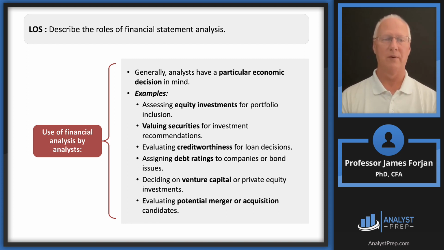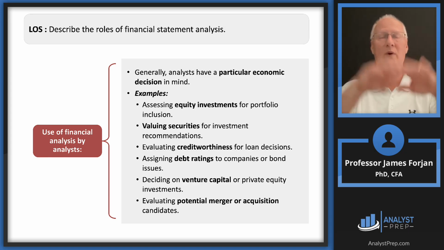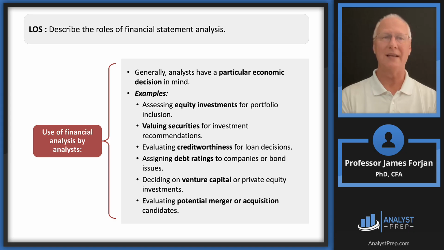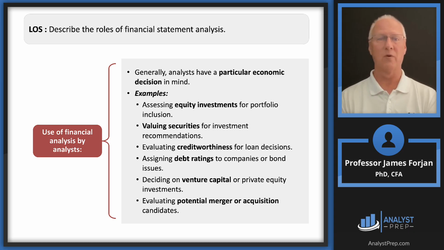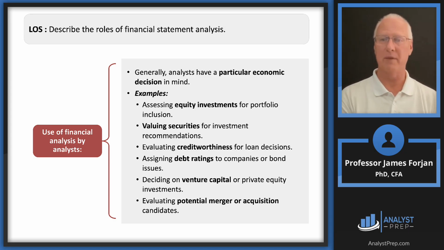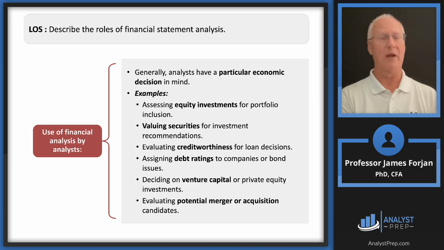All right, so what are we doing here? We're going to have a particular economic decision in mind. So what did I say? That umbrella was to identify overvalued and undervalued securities. So assessing equity investments for portfolio inclusion. What that means then is that not only do we have to look at the individual companies and their financial statements, but we can use regression analysis.